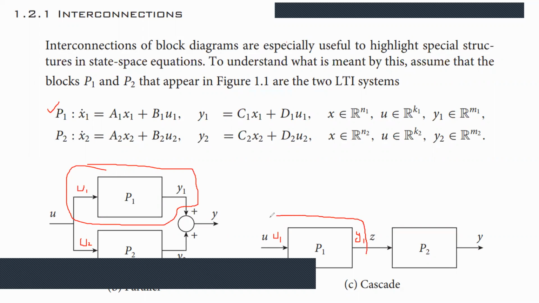So we can write the same equation P1, and this is true for this case as well. And similarly, for the second process P2, we can write another expression. By doing this, we now have two systems or two plants with us.